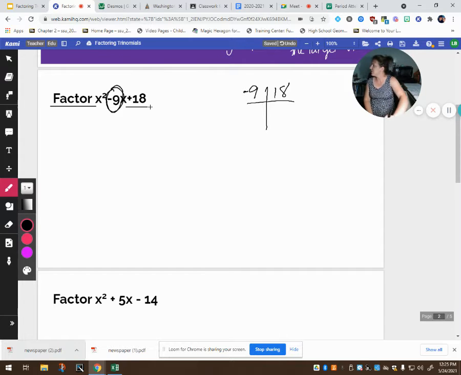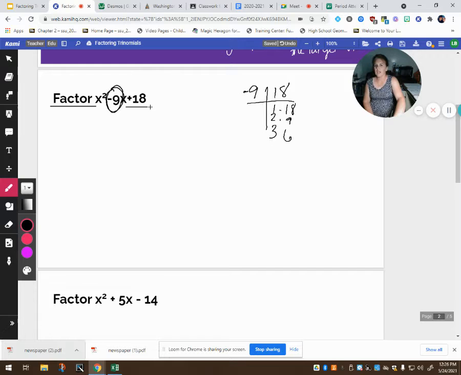So I'm looking for two numbers that I can multiply together that give me 18. First of all, let's start there. What numbers multiply together to give me 18? Okay, 3 times 6, 1 times 18, and there's one more.